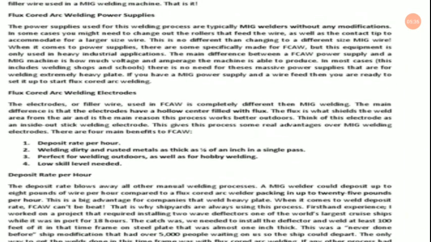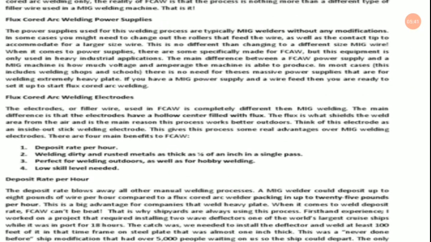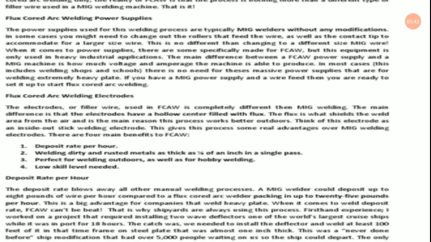So I previously told you that flux core is one of the types of MIG welding, or you can even say that MIG welding and flux core arc welding are similar, or synonymous to each other actually. When a particular type of filler material is being fed into a MIG welding machine, that particular operation or welding is termed as FCAW, that is the flux core arc welding process.